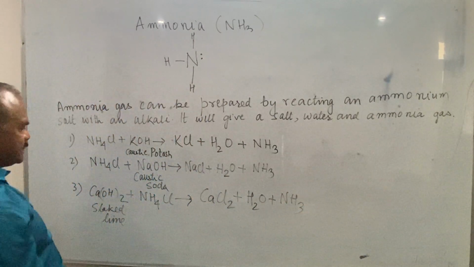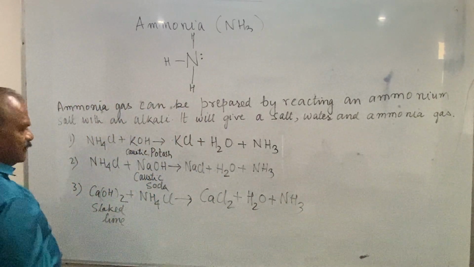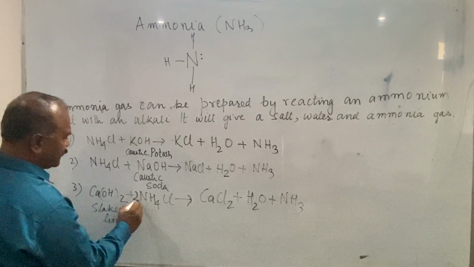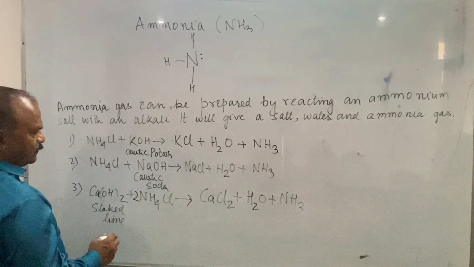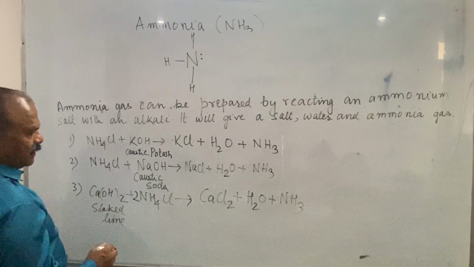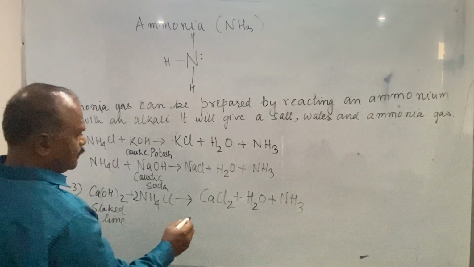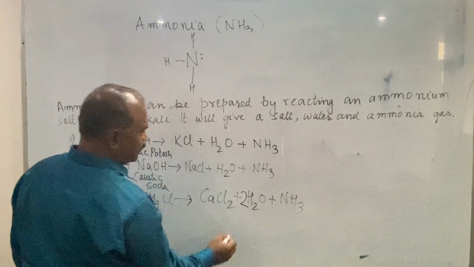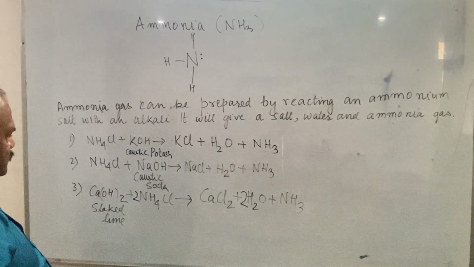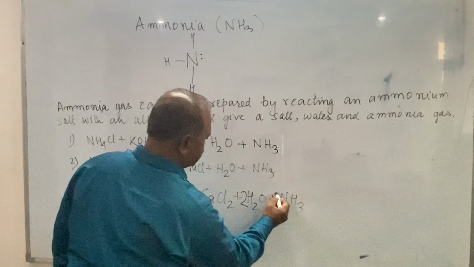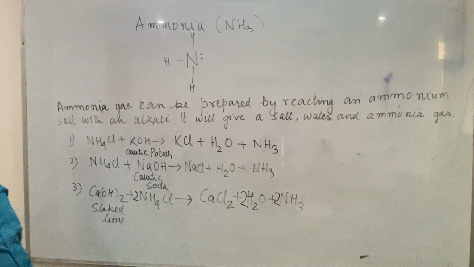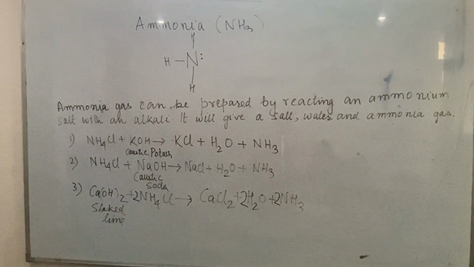But this reaction has to be balanced. You have to put 2 over here and 2 over here. So 4 plus 3 is 7 hydrogen, and 2 over here. It is balanced. Is that clear?